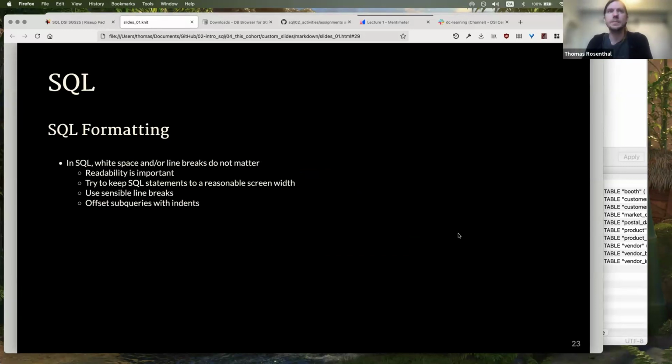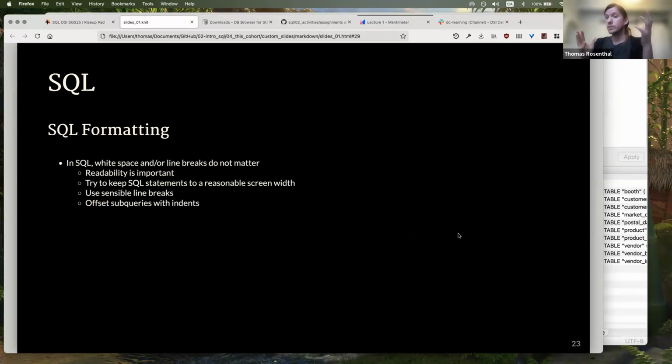In SQL, white space or line breaks don't matter. This is really different than Python. You haven't gotten to Python yet, where Python's very, very strict about where you can put white space and line breaks, and you have to tell it that you're going to put line breaks into code. The emphasis for SQL is on readability. You want to keep SQL statements to a reasonable screen width.